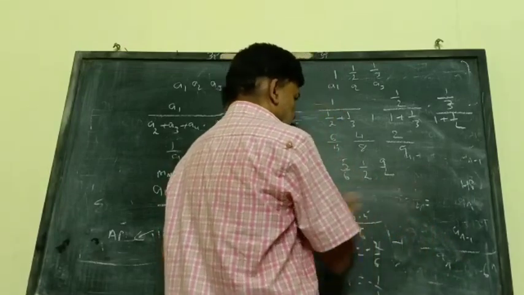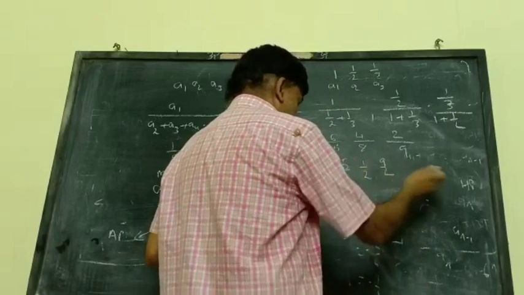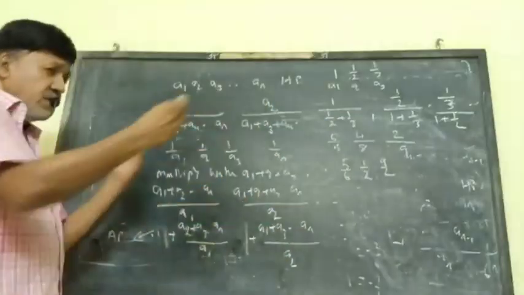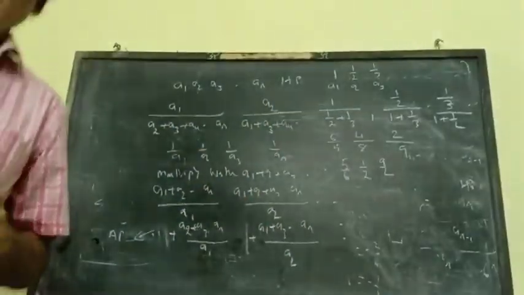So you can verify that they are in AP. Just subtract to get the answer. You can verify with 3 numbers. That's what I want to tell. Right.